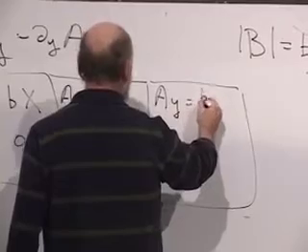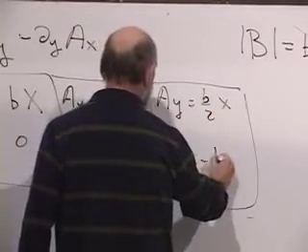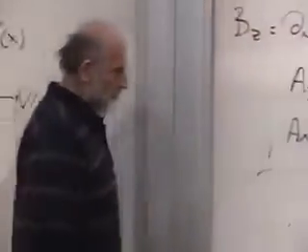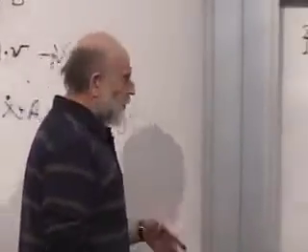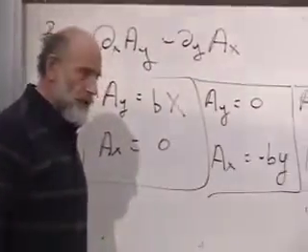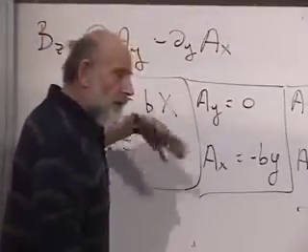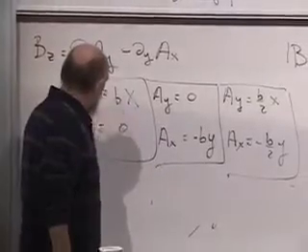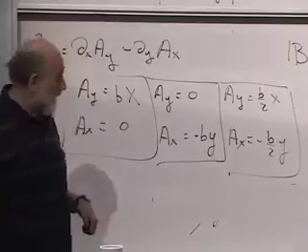Ay equals b over 2 times x, Ax equals minus b over 2 times y. Also will give the same answer. These different vector potentials are related by gauge transformations. It's not too hard to work out that there's some scalar, I won't write it down, that takes you from one to the other by taking its gradient.